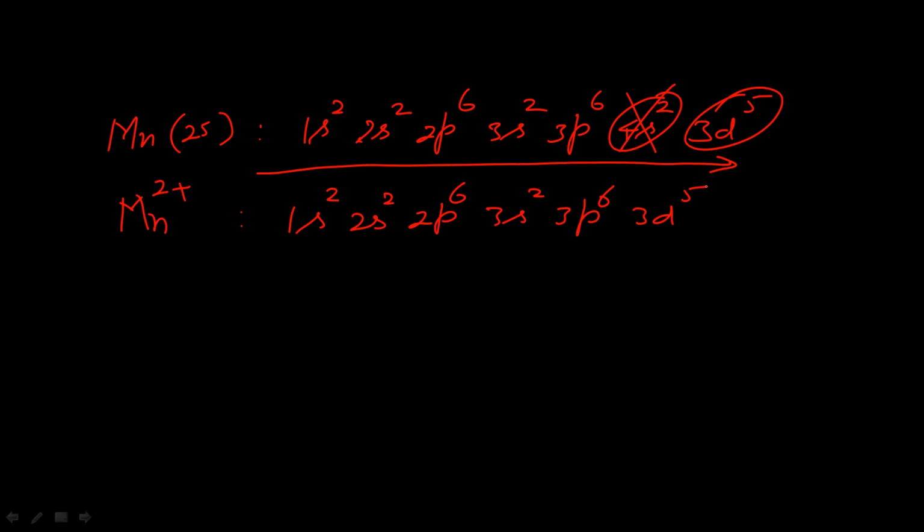That's why I always say first write the configuration of the neutral atom, and then remove those many electrons to get the ionic configuration. Otherwise, if you are confident, you can write it directly.